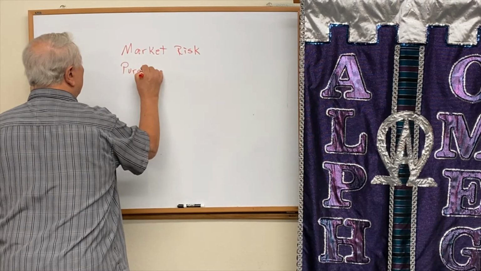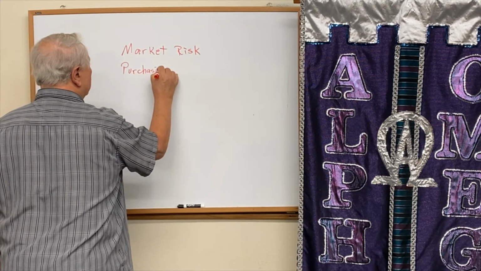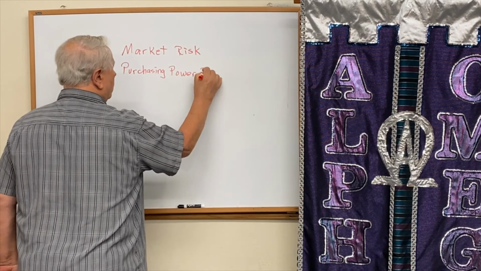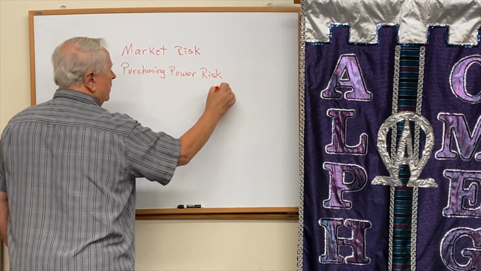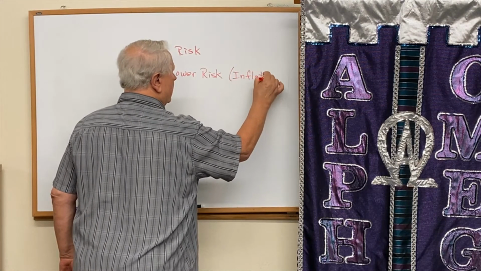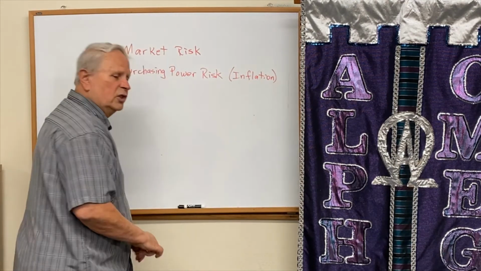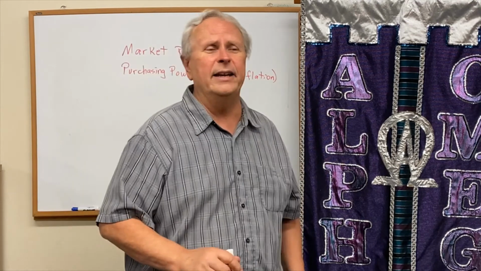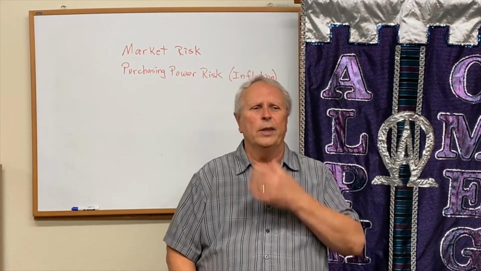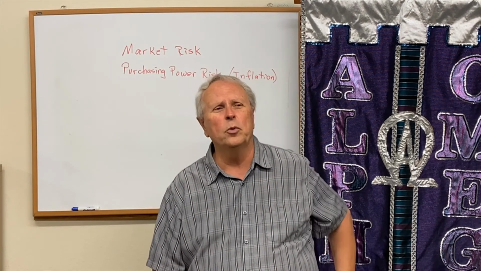what's called purchasing power risk, otherwise known as inflation. This is particularly important right now because when people put their money into the banks, they get a very low rate of return.